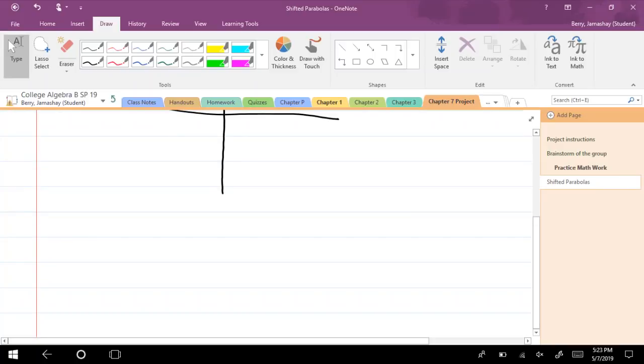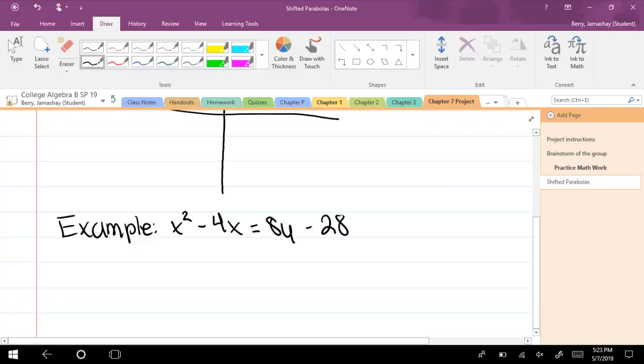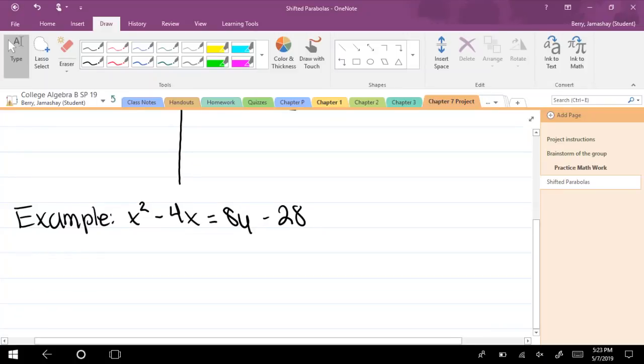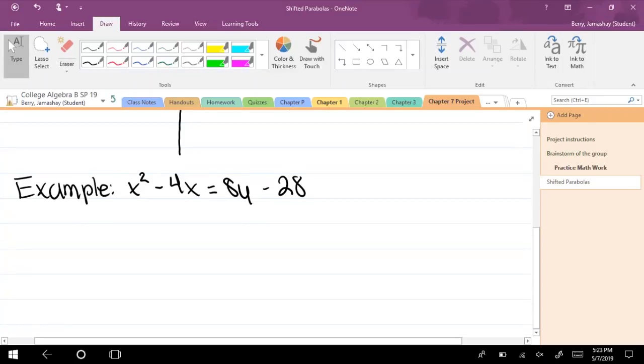For an example to try and help with this, you would start out with the equation x squared minus 4x is equal to 8y minus 28. Now, this should be in your notes and you can follow along. First, you would look at the equation and you must use the complete the square method, which we've done before.